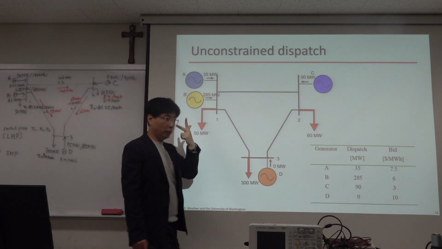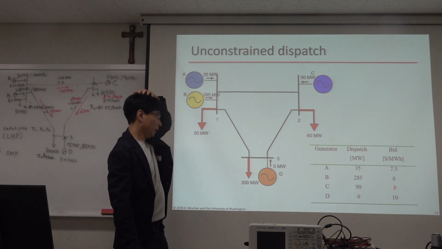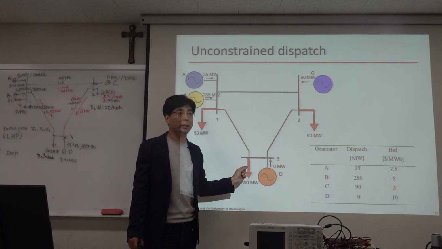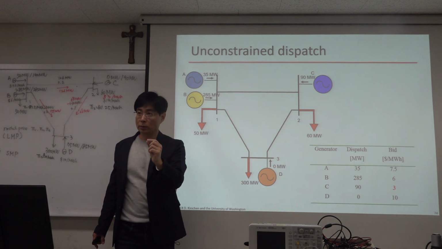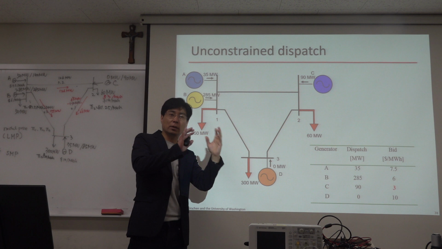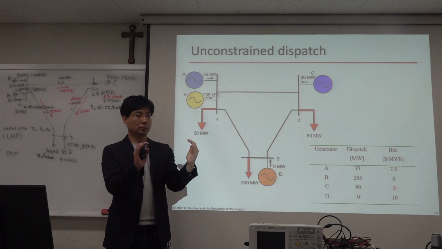So three variables and three inequality constraints, and also P1 plus P2 plus P3 should be 0, right? Because we change the solution from economic dispatch, so net injected power should be 0.